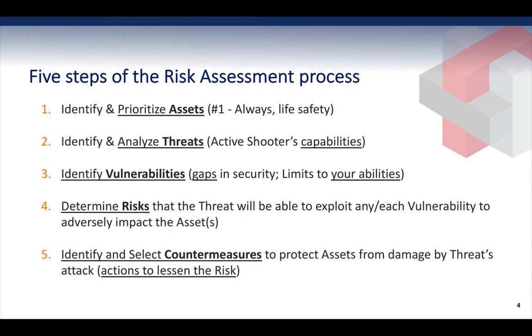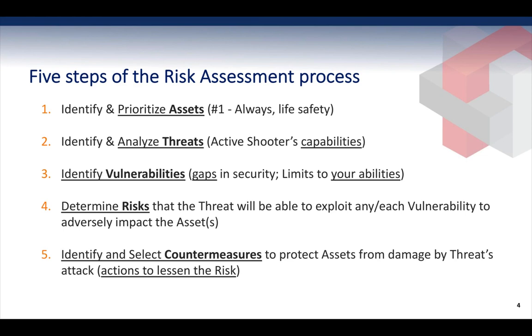The risk management process has 5 steps. One step is prioritizing the assets. Well, in many risk assessment situations, there could be assets of valuable property or assets of even digital property or assets of a structure.